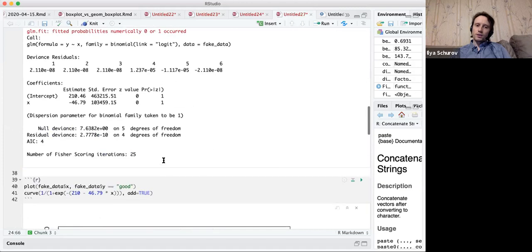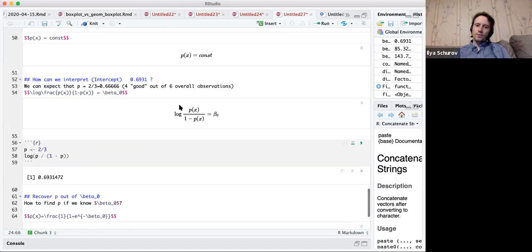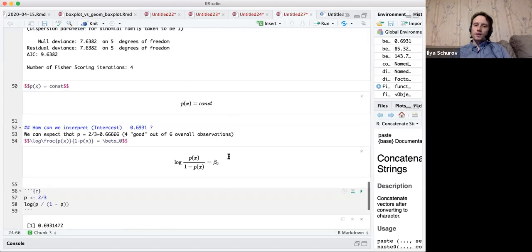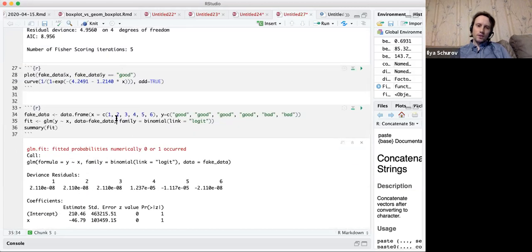On the right hand side here we have something linear, and on the left hand side we have some transformation of probabilities. This transformation is called link function, and here our link function is logit. I think that if we omit it, then it will work in the same way. I just have to be sure.